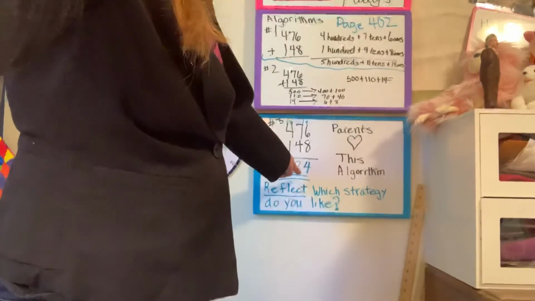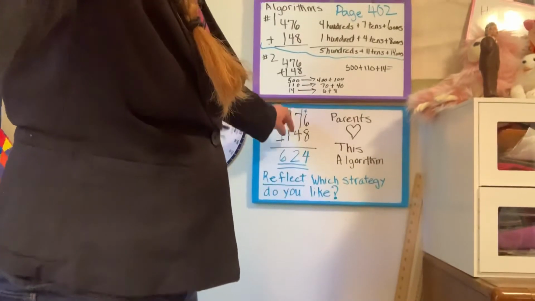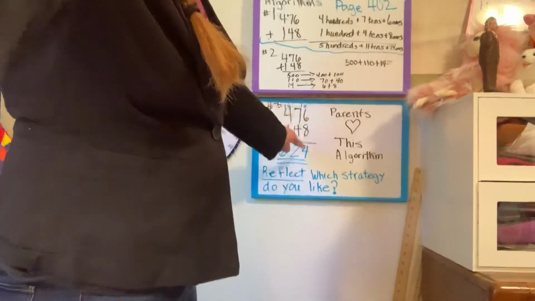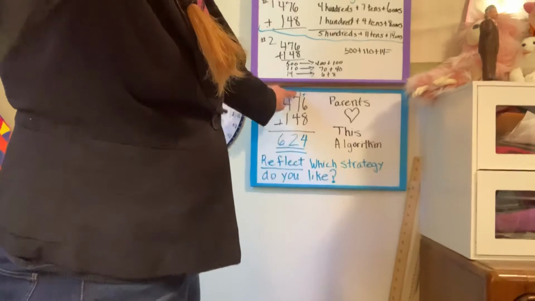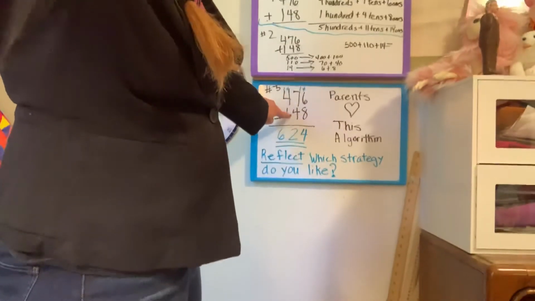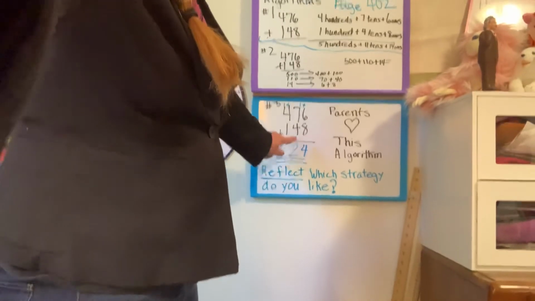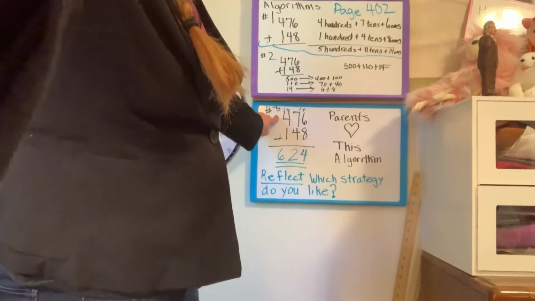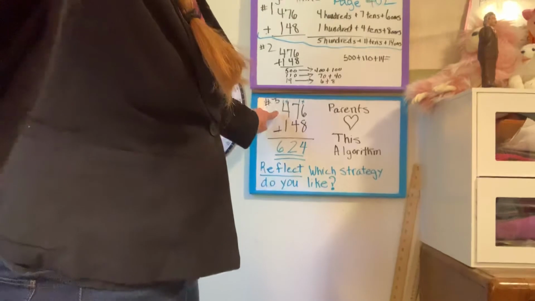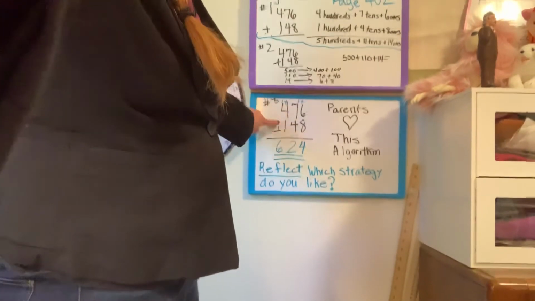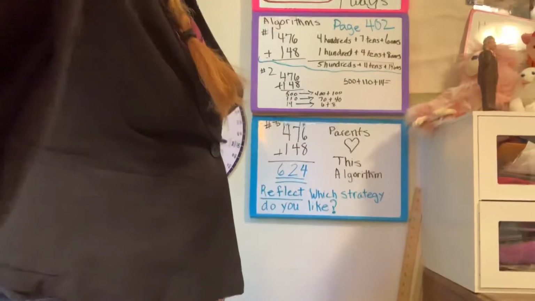You put down the 4 in the 1's place, carry the 1. Add that to the 10s, because 4 is 1s, 1 is 10. So now you have 1 plus 7 plus 4, which is 12. So you put down the 2, carry the 1. And then you add that to the hundreds column. So you have 1 plus 4 plus 1, 624.